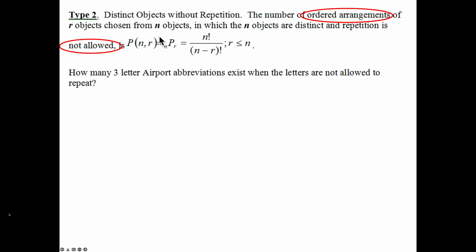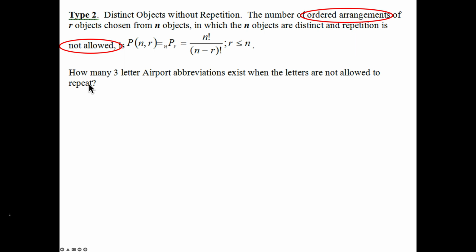You will see this in the calculator, the N permutation R. It is a formula that uses the factorials that we talked about. So it's N factorial over the difference of N and R, and that's a factorial. And again, R has to be less than or equal to N.